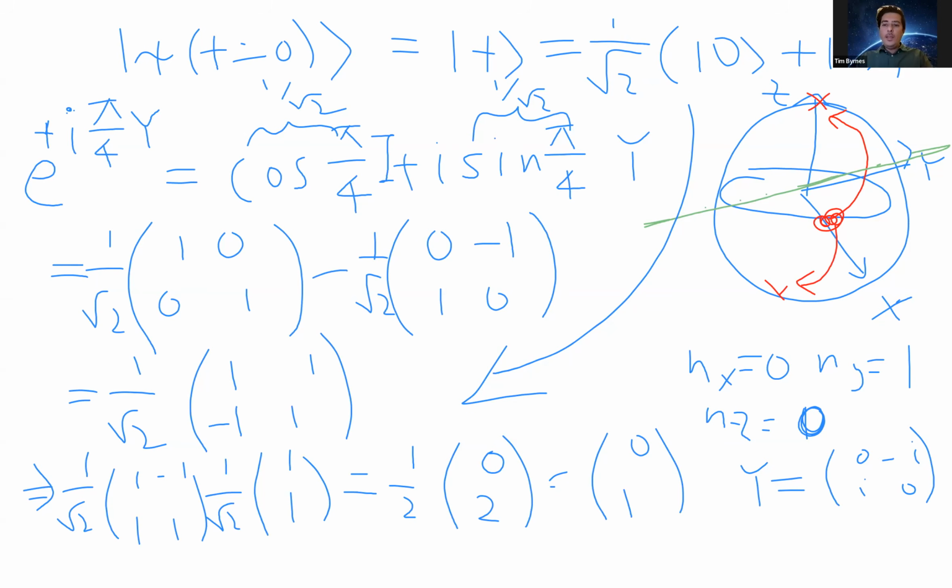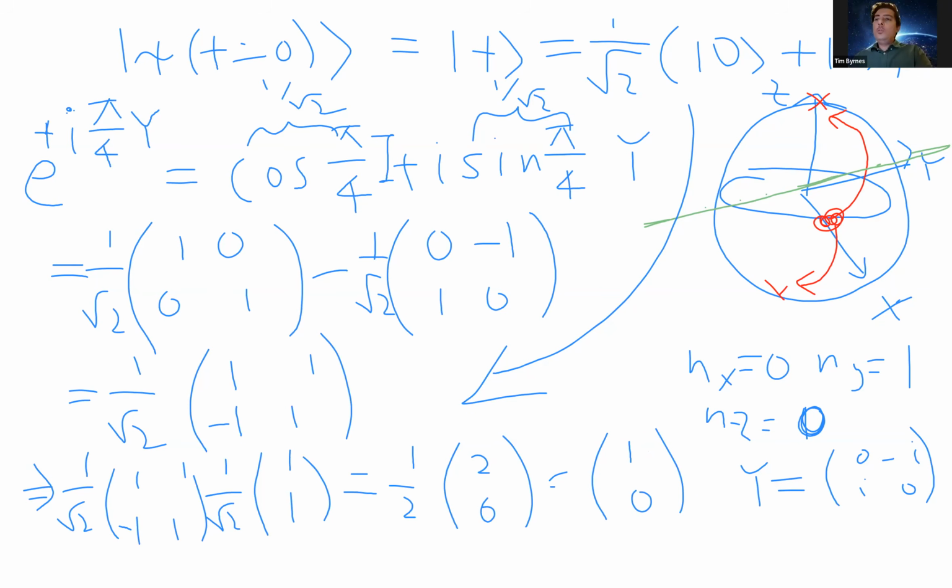And this one should be negative. Then how this changes things is that the top one will be 2 and 0. And this is what we wanted, because the north pole on the Bloch sphere is the top state, which is the zero logical state.